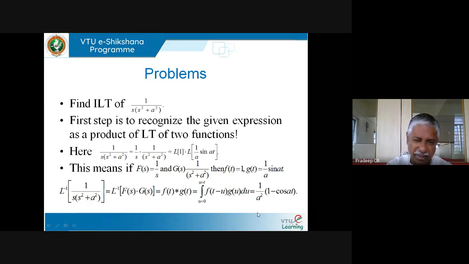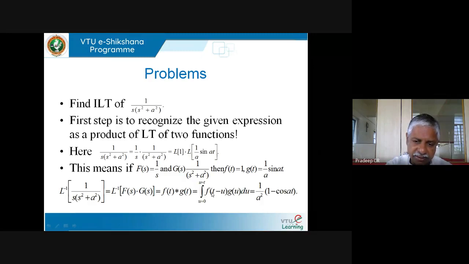1 by a square. 1 by a will come out. So you have to carry out this last bit of integration. I have not written down those details here, but I'm sure you can integrate sine at. You will get cos at by a. So 1 by a was already outside, so 1 by a square will come out. So cos at between the limits 0 and t.